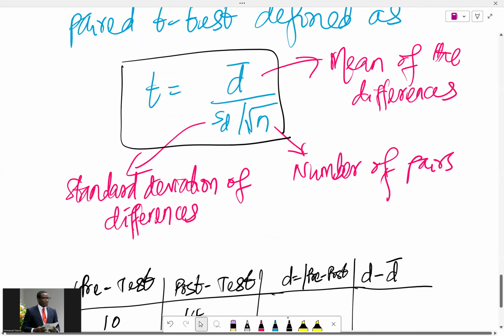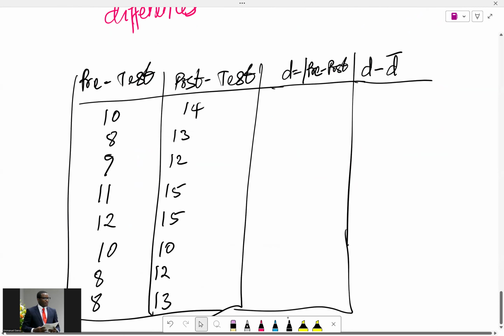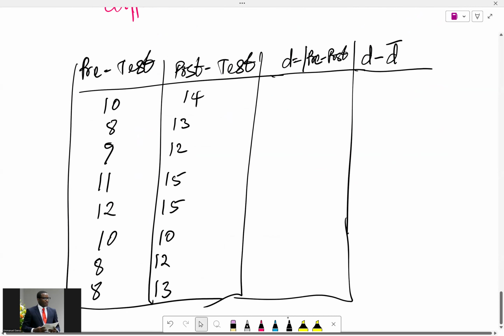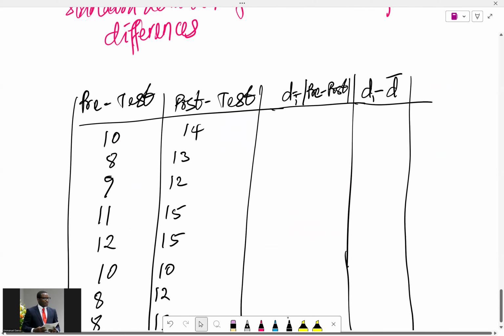We need D bar here. We can easily find D bar by summing up this and dividing by the number of points we have. So we can have D, and let's call it Di minus D bar. And that's for this. So we can also get the sum of this.